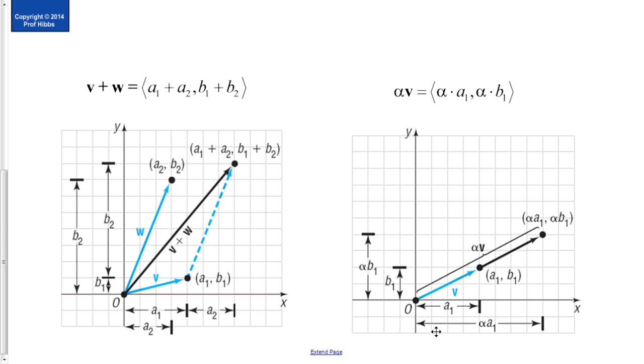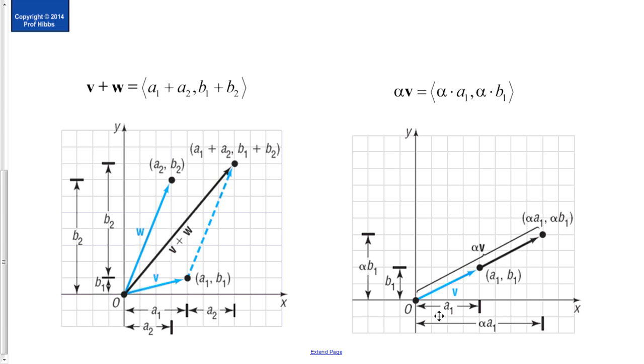Well, here's what happens. When we multiply the first component by that scalar, we're making the horizontal displacement alpha times a sub 1, clear out here. And when we multiply that second component, b sub 1, by alpha, in this case it looks like twice as long, doesn't it?